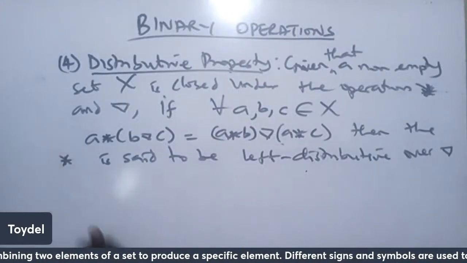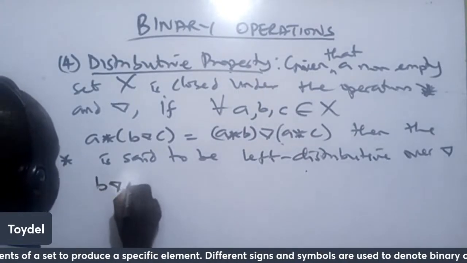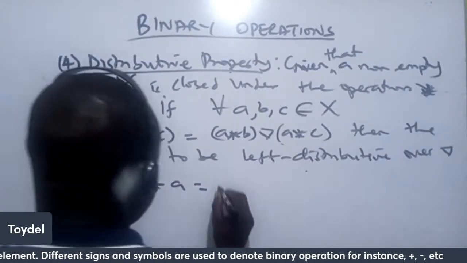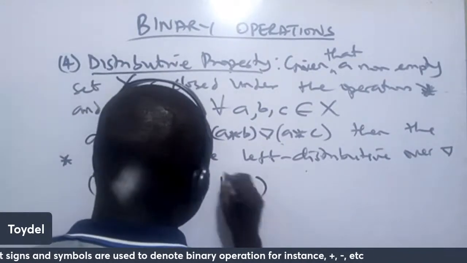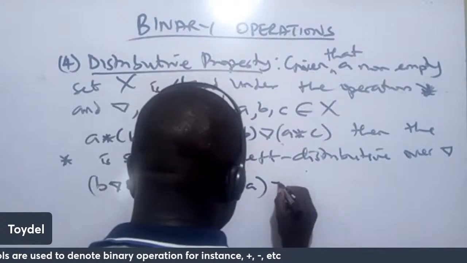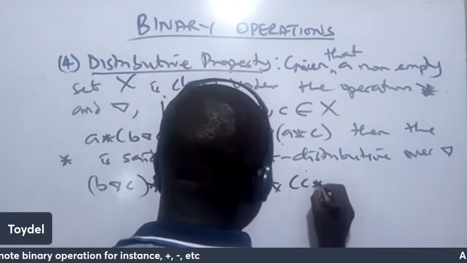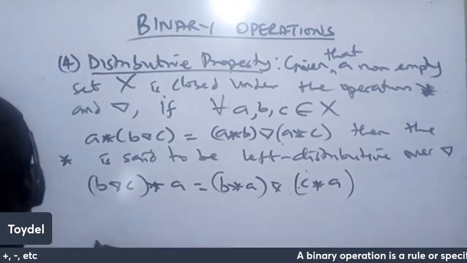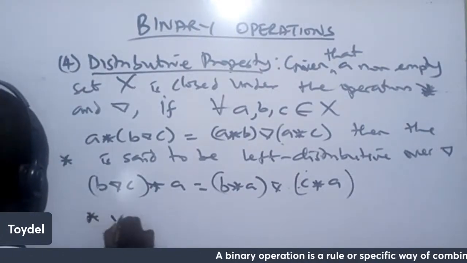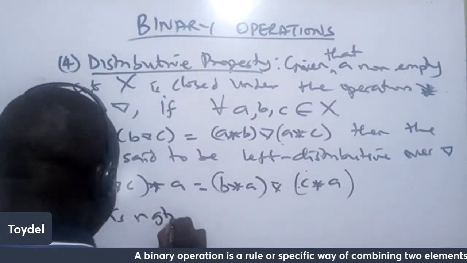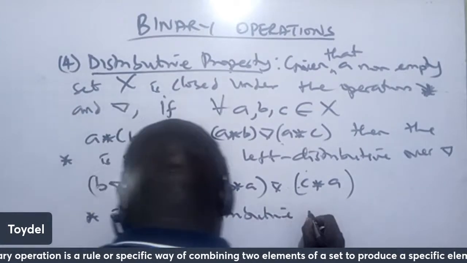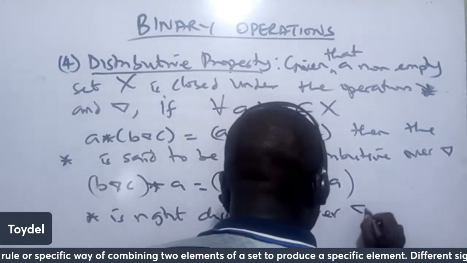Then we can also have something like (B asterisk C) inverted triangle A. In this case, we are going to have (B inverted triangle A) asterisk (C inverted triangle A). So in this case, it is right distributive over inverted triangle.